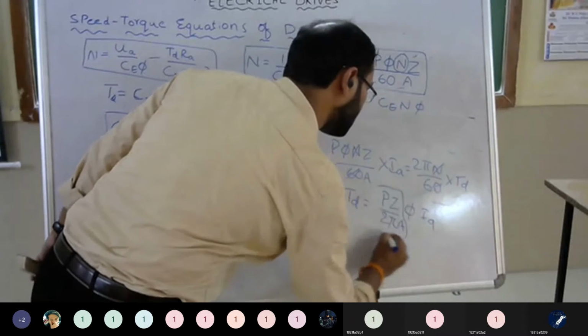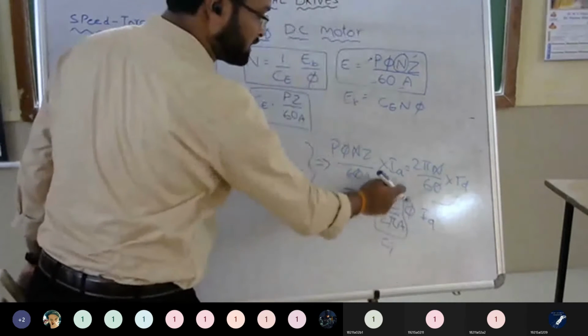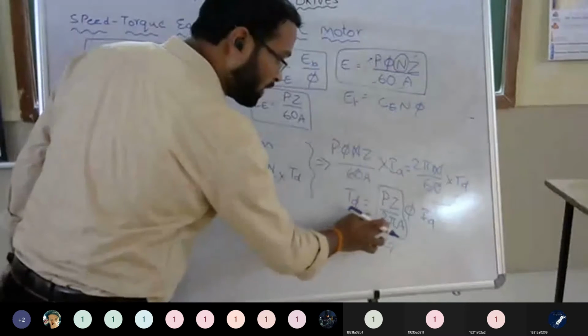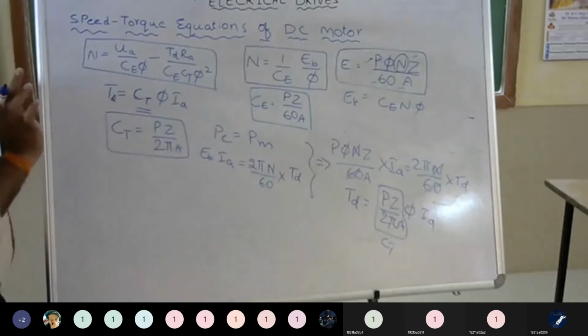This is the proportional constant: P is the number of poles, Z is the number of conductors, and 2 pi into A. This is the constant, that is CT.